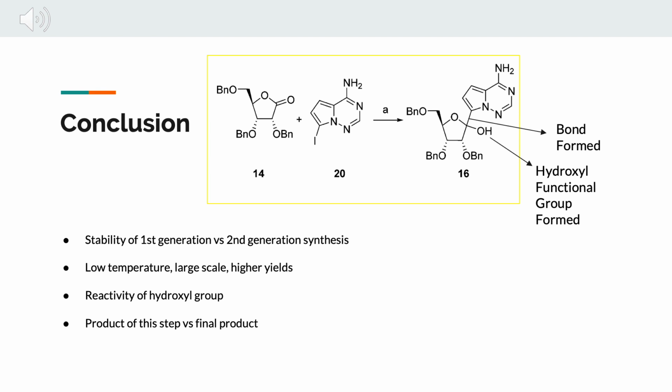It's important that this step is carried out through the second generation because in the initial generation, n-butyllithium is used for the lithium halogen exchange. n-Butyllithium is highly reactive and actually catches on fire when it's exposed to air. So using these different reagents makes the reaction much safer, and it can be carried out on a much larger scale for reproducibility, and it also has much higher yields.